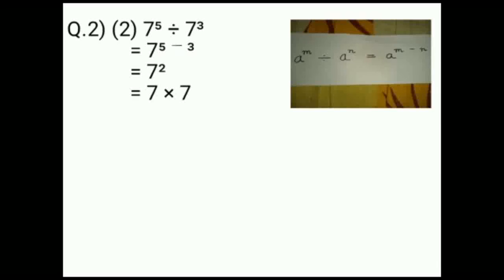After subtracting this index, you got square, because 5 minus 3 is 2. Base you wrote as it is. 7 raised to 2 means 7 into 7. Now you have to multiply this. 7 sevens are 49. This is the meaning to find the value.